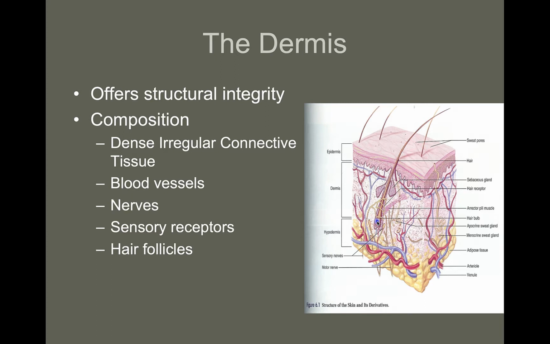And that's going to give us some sensory information about the world as well. And again, glands that will be associated with that hair follicle and a handful of others that are going to release sweat and help with thermal regulation as they release sweat to the external surface.